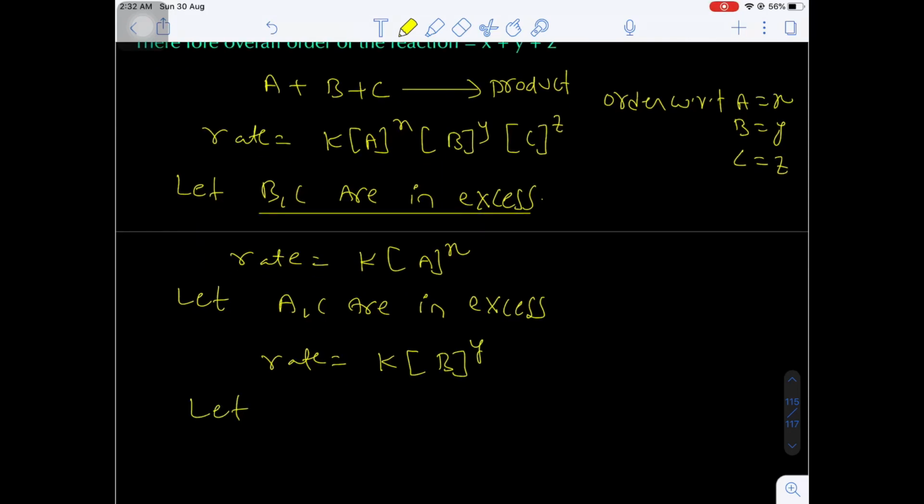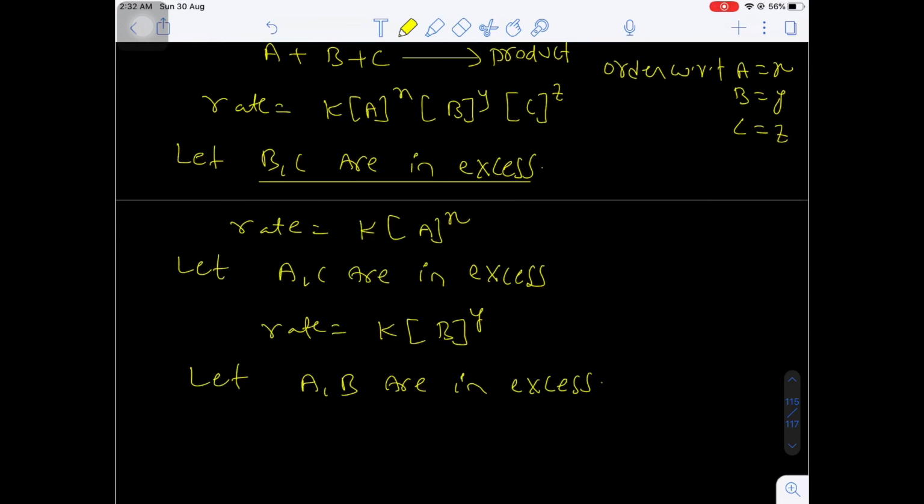And one more, in the third case, take A and B in excess. If A and B are taken in excess amount, by changing the concentration of A and B the rate of reaction does not change.